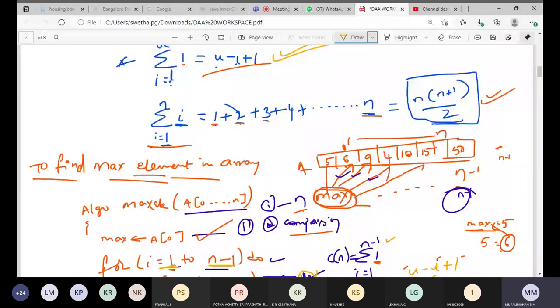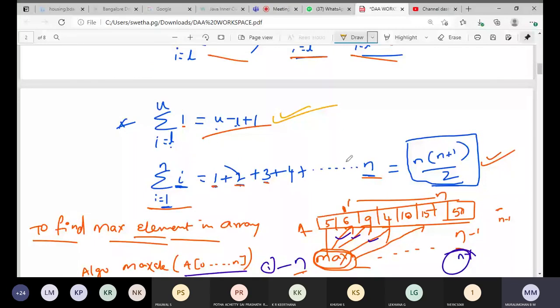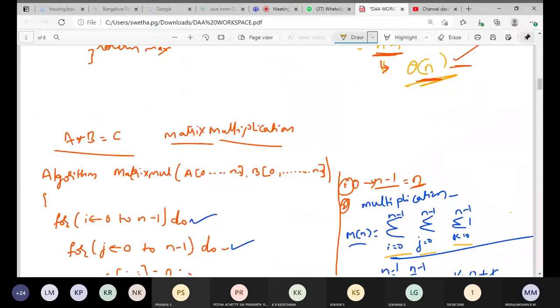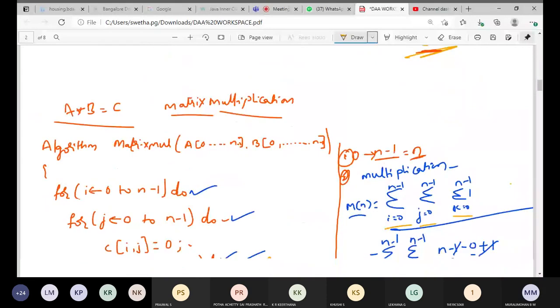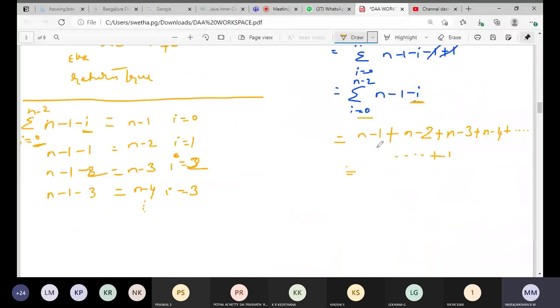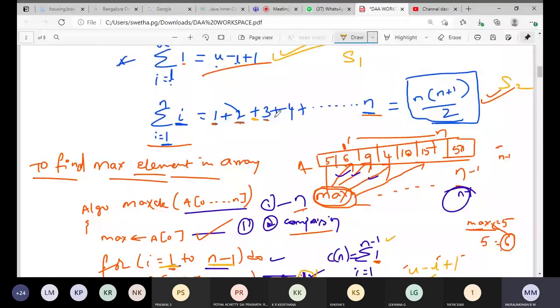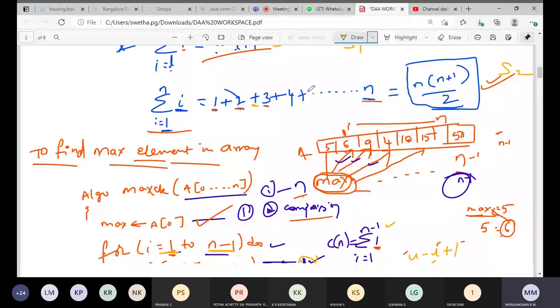So by using that summation rule, this is summation formula 1 and this is summation formula 2. By using summation formula 2, what is the result we are getting? n times n minus 1 by 2. Here, see, it was n plus 1, n plus 2 like that, but here we have minus terms.